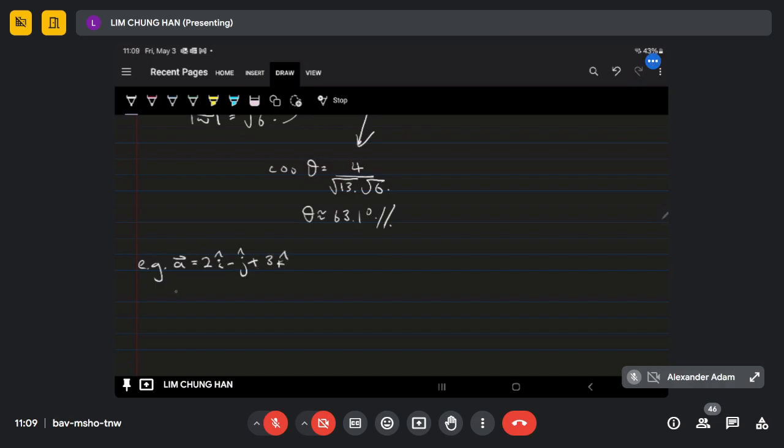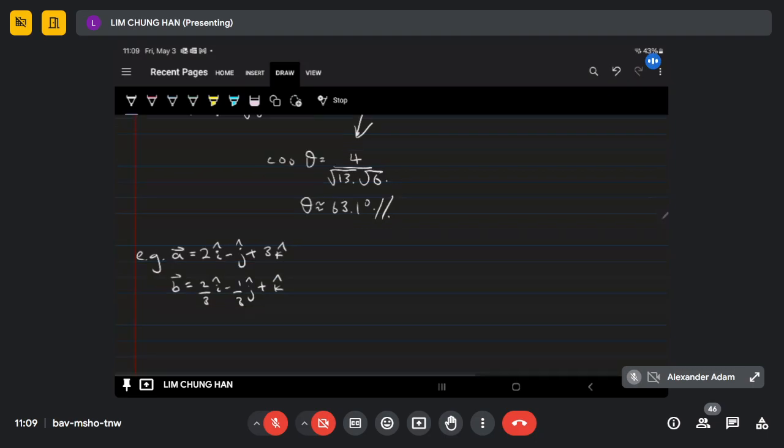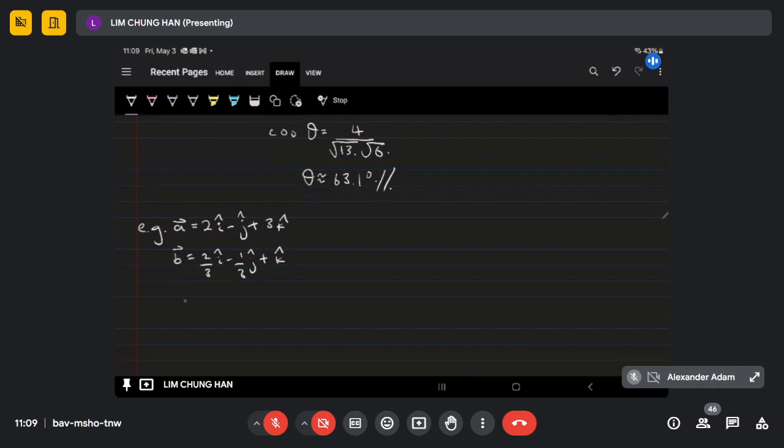So I have two vectors, A and B. First question. Are vectors A and B parallel or not?